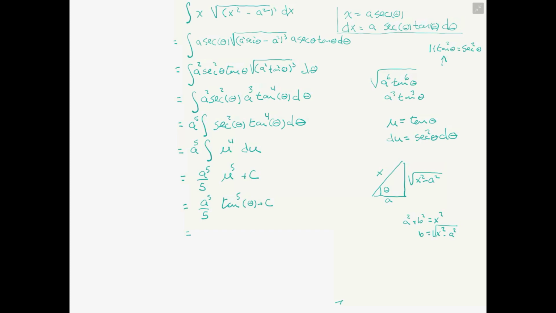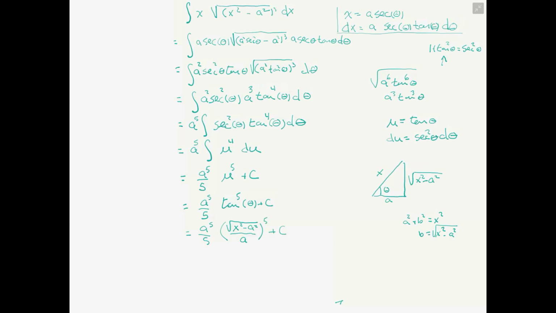So tangent, we got a to the fifth over 5, tangent to the fifth, which is the square root of x squared minus a squared over a, to the fifth, plus c.